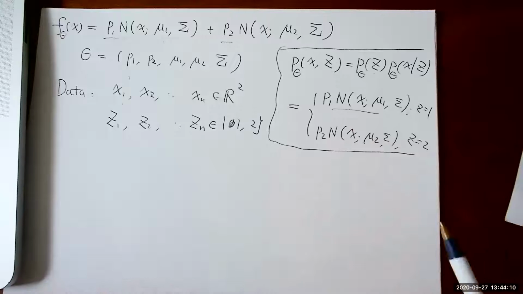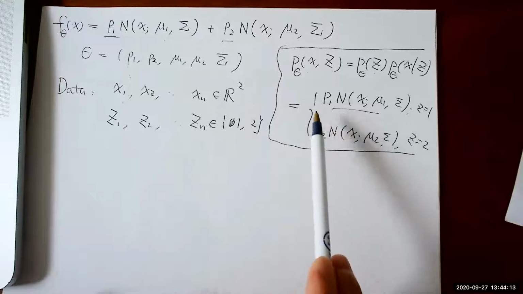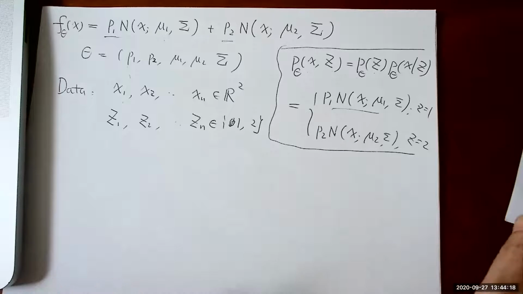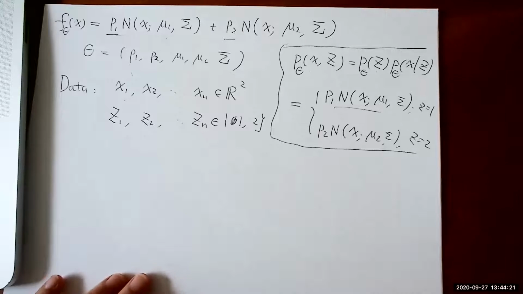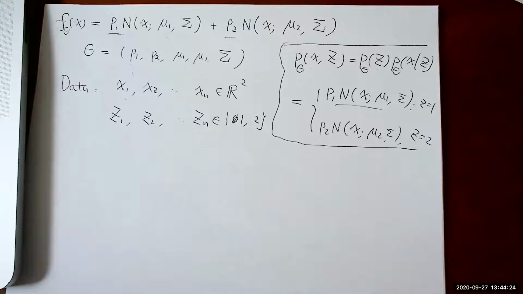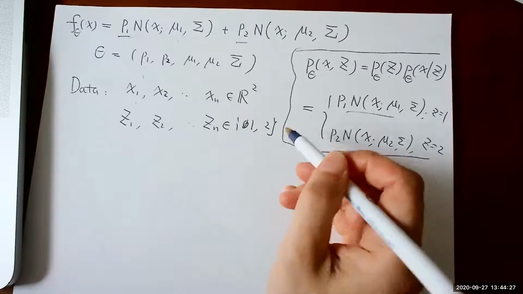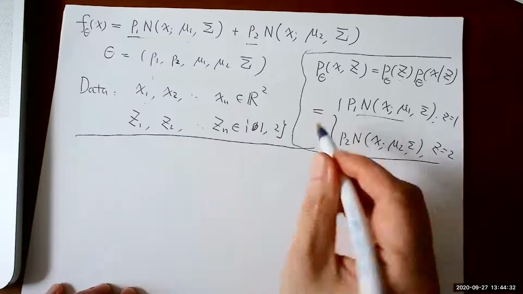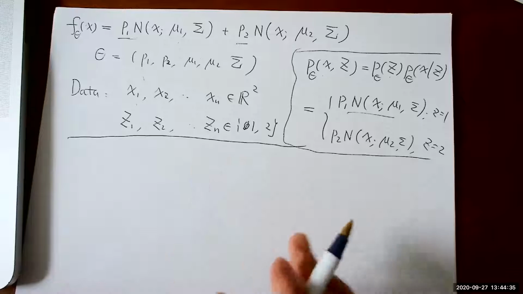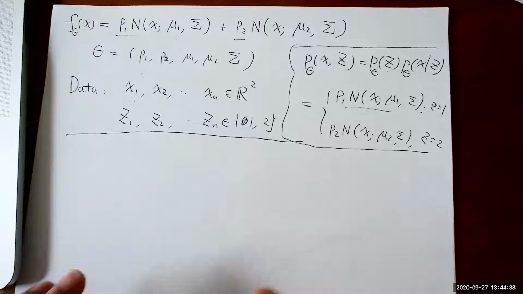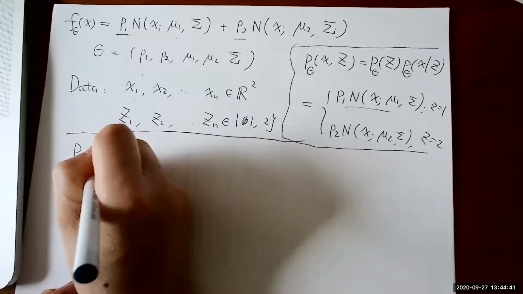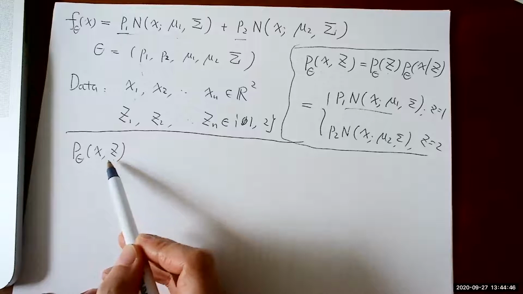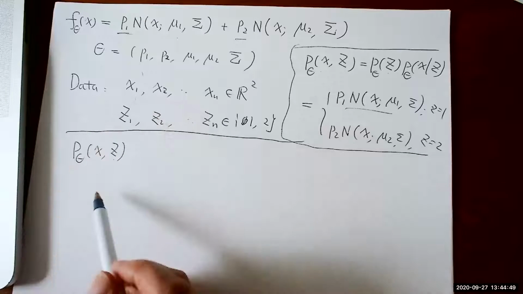Now, we don't want our density function to have these kinds of if commands, because it will not be easy for us to do the optimization. So instead, let me introduce a different way of writing this, which makes it easier for us to take log, because I want a product. How do we write the joint distribution of x and z? Here my z is uppercase or lowercase, it doesn't matter. What matters is later on when we talk about expectation.